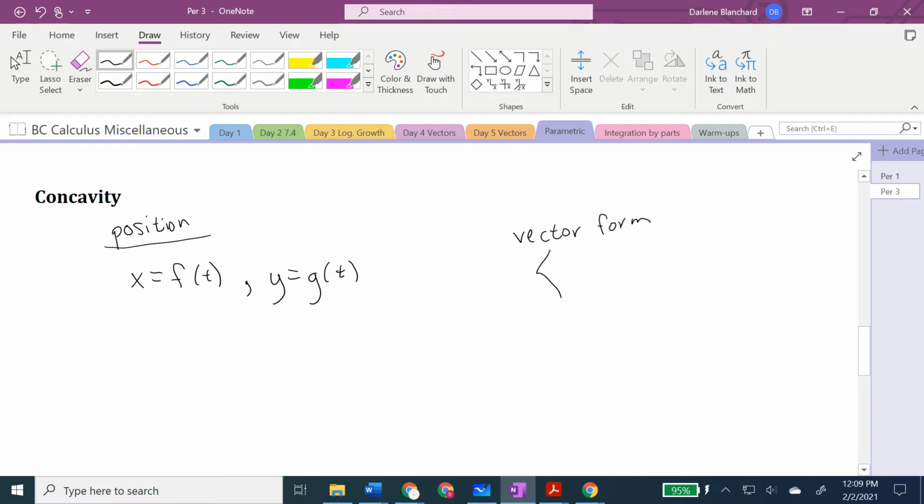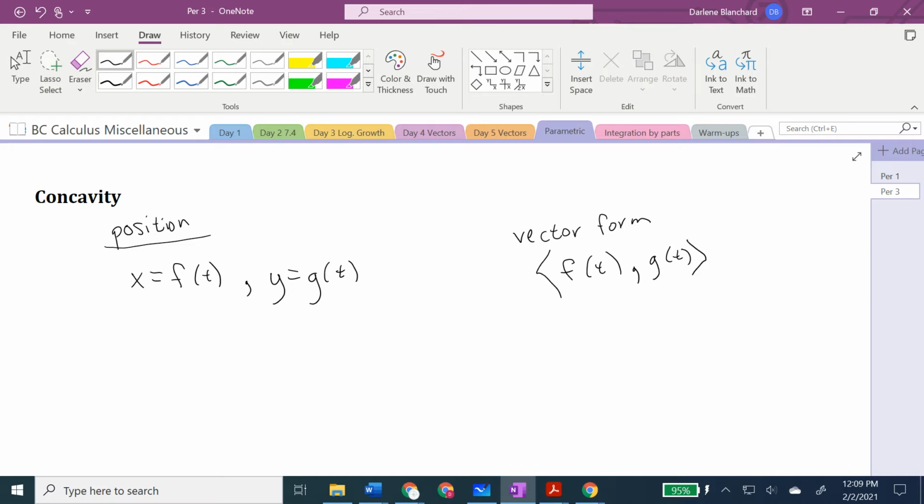Vector form doesn't say x equals, y equals, it just lists the functions in an order, and you understand the first one is x and the second one is y. That's the only difference between parametric and vector from a mathematical point of view in the equations. It's just the way it's written.